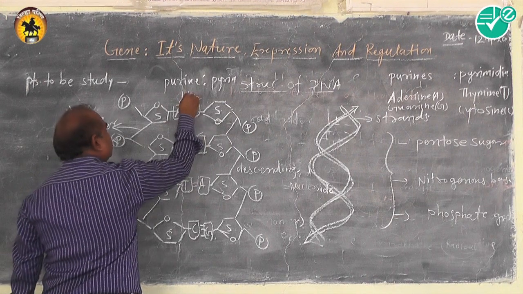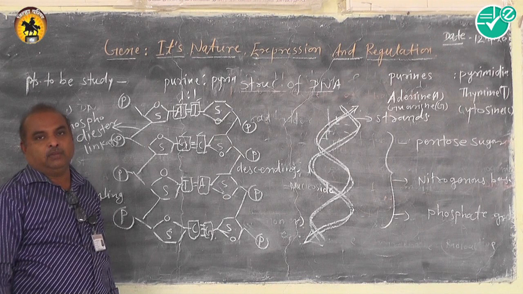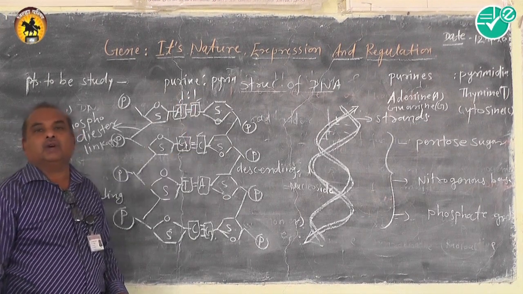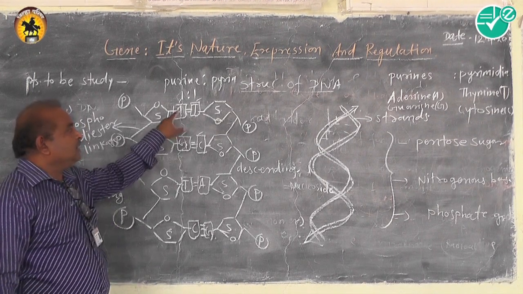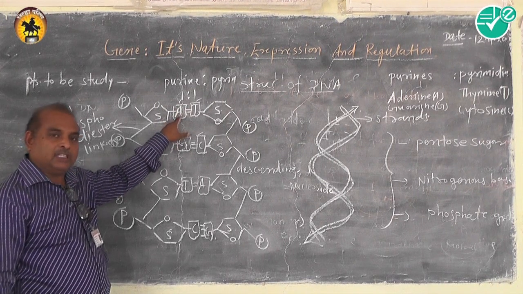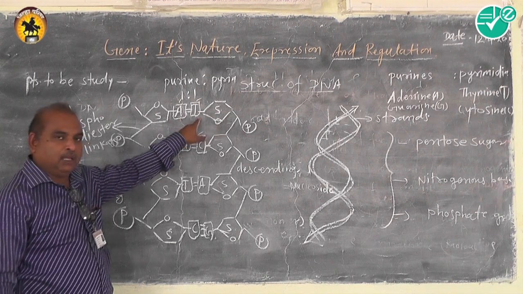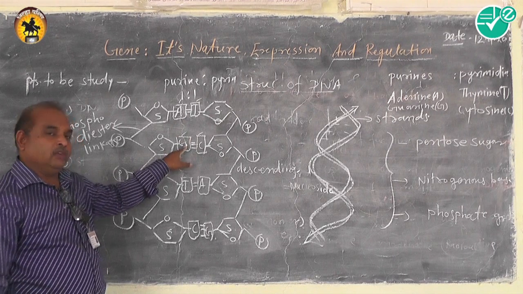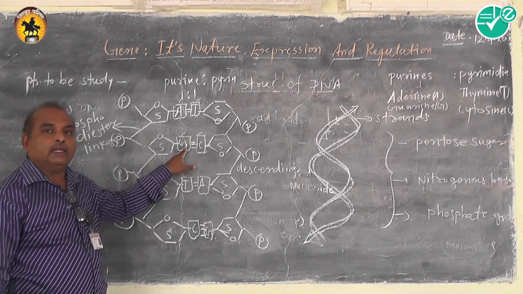It means the ratio of purine and pyrimidine bases is maintained at 1:1 in the DNA. Because of this specific nitrogenous base pairing, adenine always pairs with thymine, thymine always pairs with adenine, guanine always pairs with cytosine, and cytosine always pairs with guanine.